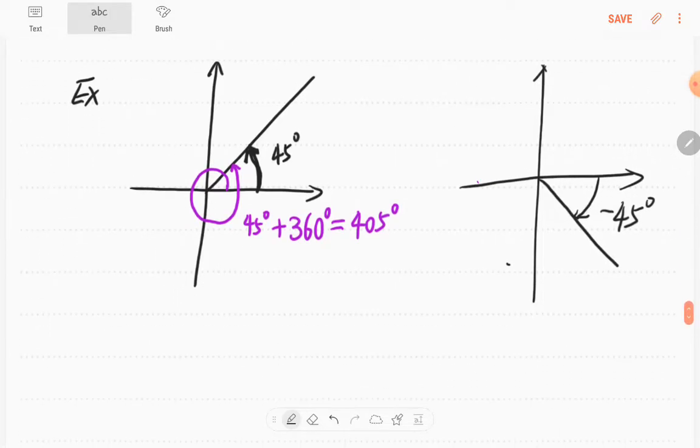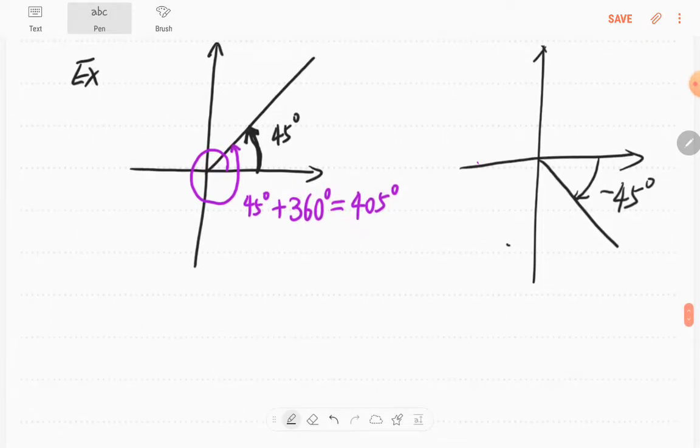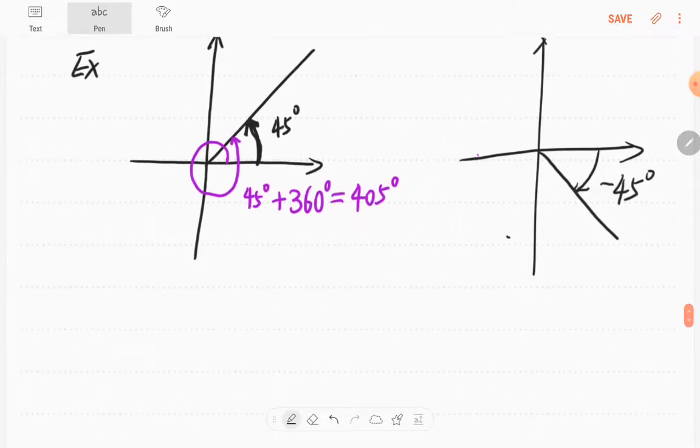So now let's look at the coterminal angles. We know that the coterminal angles share the same initial angle and the same terminal angles. So how to measure two angles are coterminal angles?